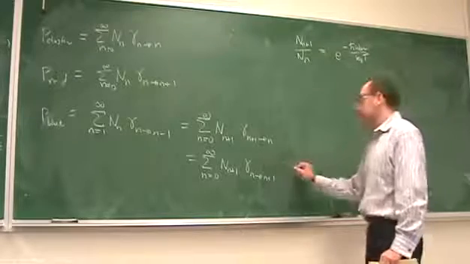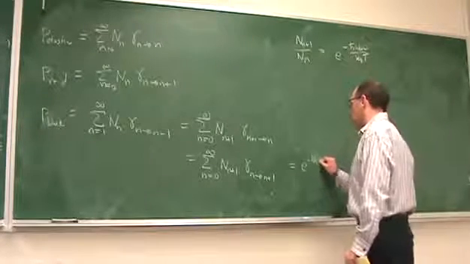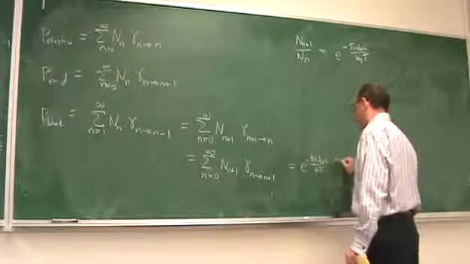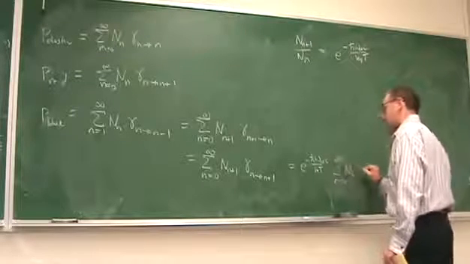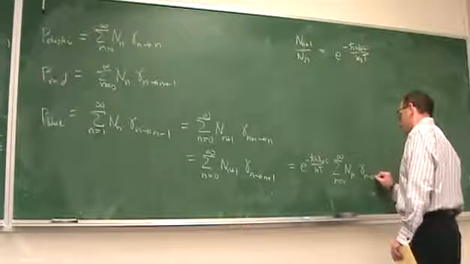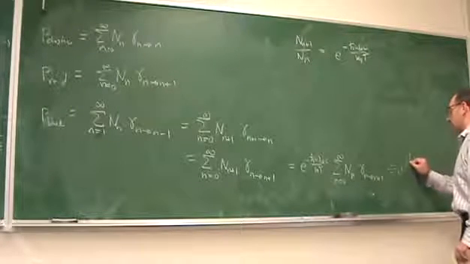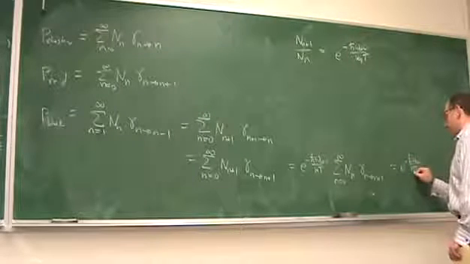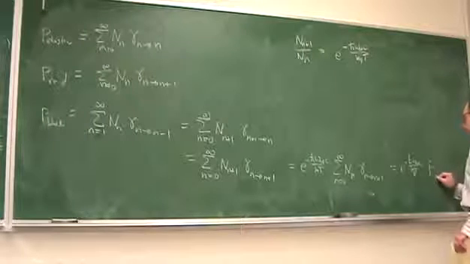So, from this, we see this is equal to e to the minus that, times the power in the red side.